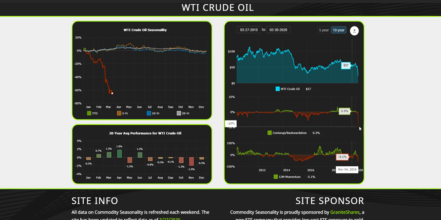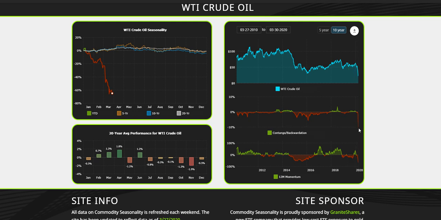So usually crude out in the future is going to be more expensive. Well, what just happened recently is that the degree of contango is so extreme. There's literally no demand for spot price, so it's so low that it's indicative of a low.